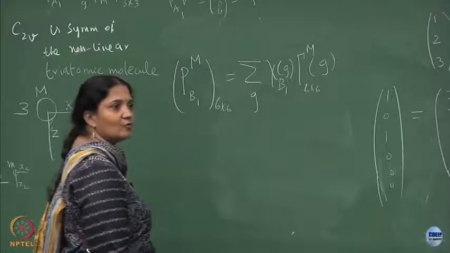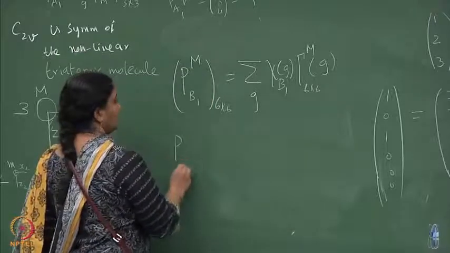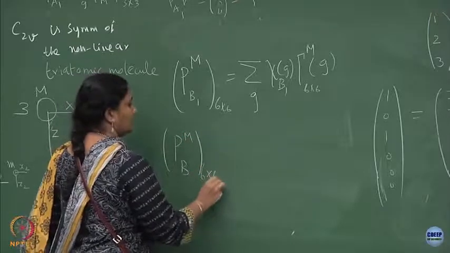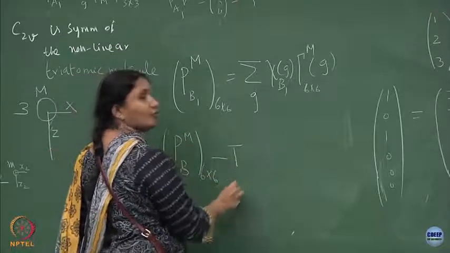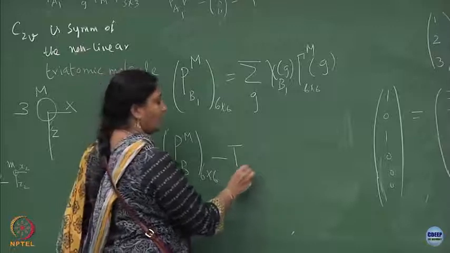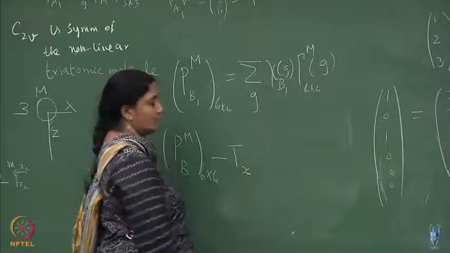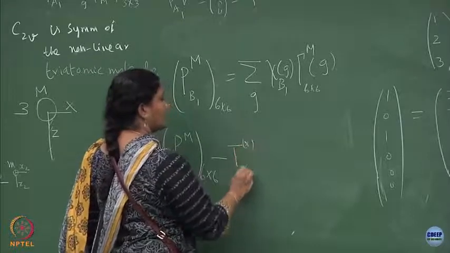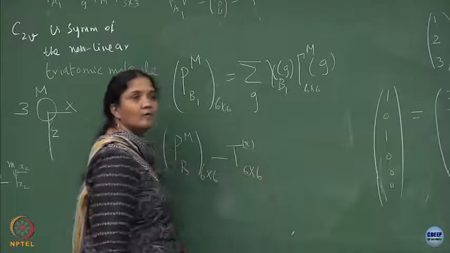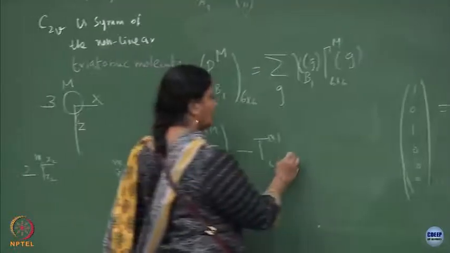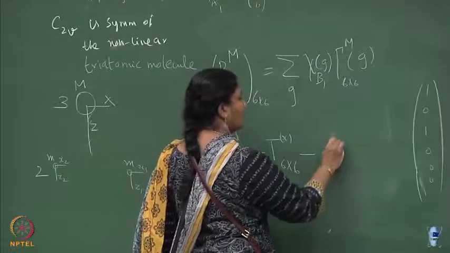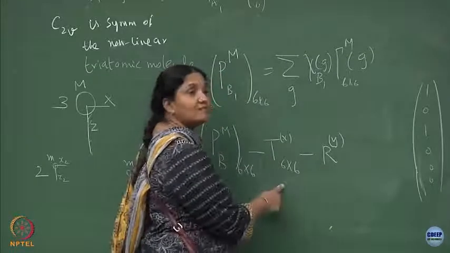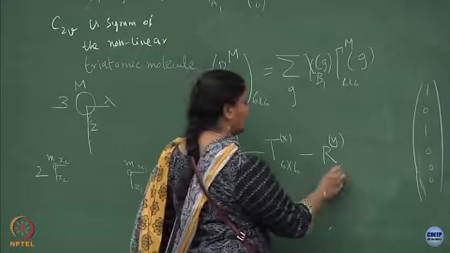First write that out and then subtract the translation mode along the x direction, which will be again a 6 cross 6 matrix, and then the rotation about y axis in this basis should also be a projector.